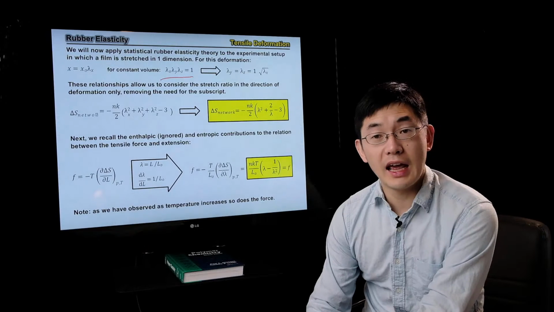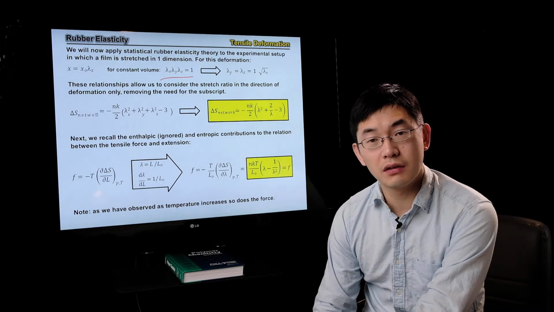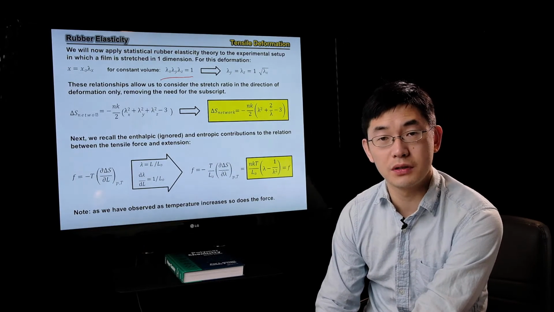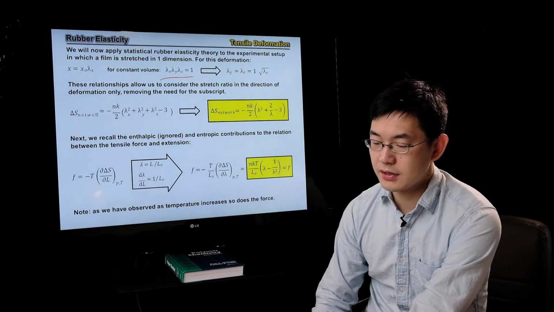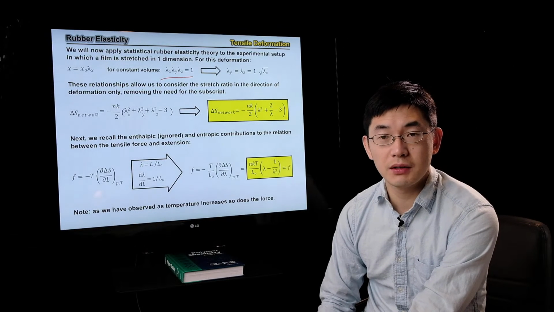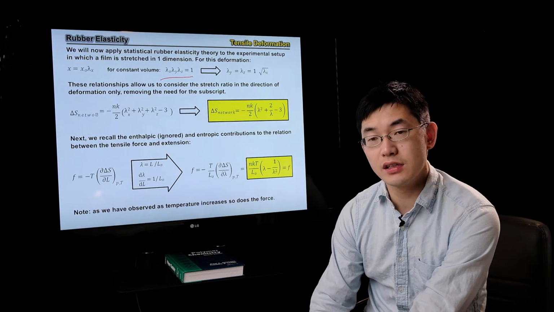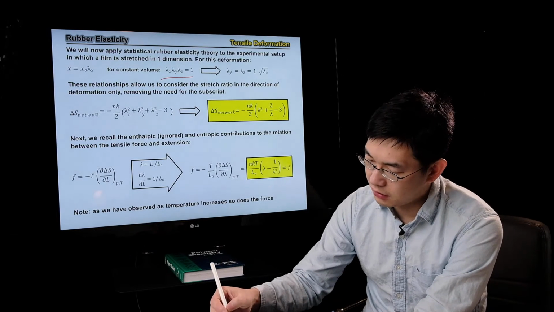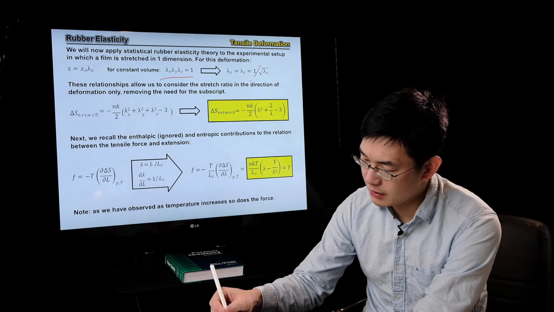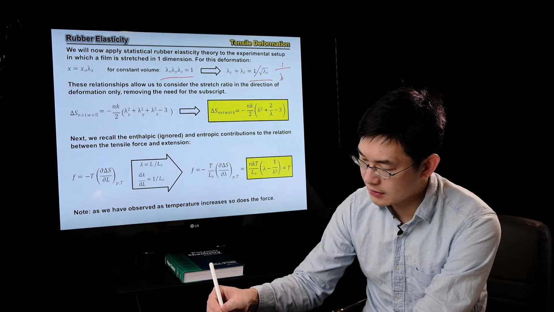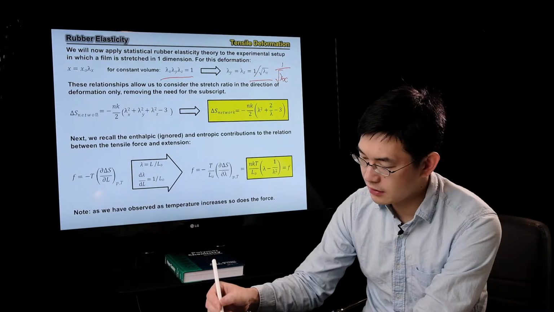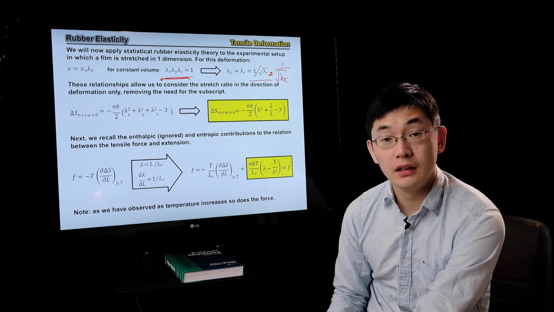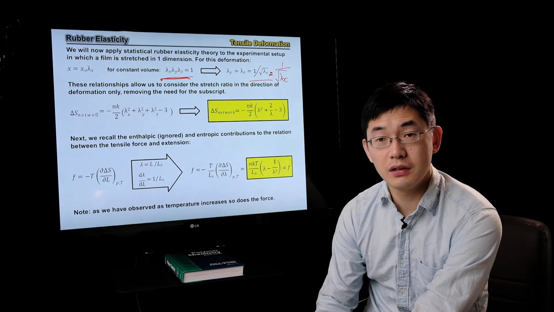So we can add one more simplification to the equation. What we have discussed is to apply the incompressibility assumption. This assumption basically says when you stretch a material in the x direction, the y and z directions will shrink by a factor of 1 divided by lambda x. In this way, you have a constant value like we show here: lambda x, lambda y, lambda z will be equal to 1.